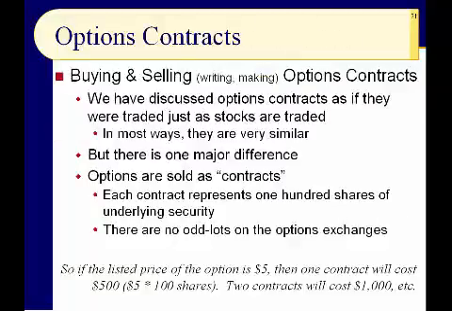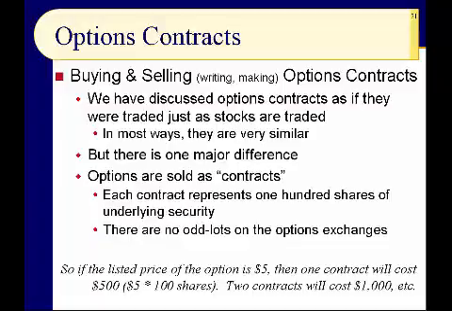Slide number 21. Now let's review. Dear students, options are contracts. Remember, you are buying or selling a contract. They're not assets. They point to another asset. They derive their value from other assets.